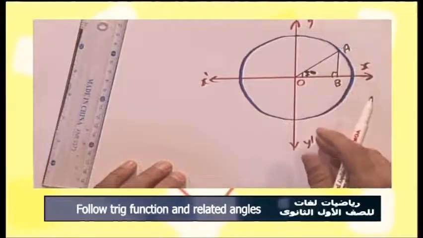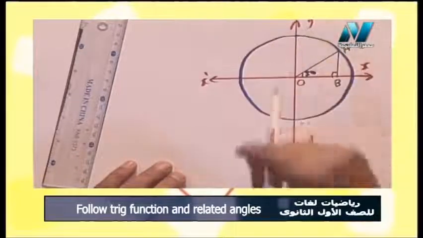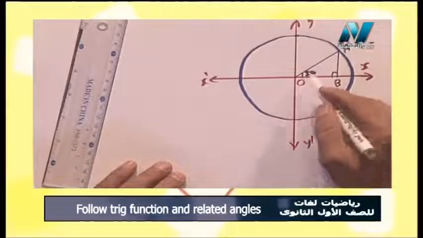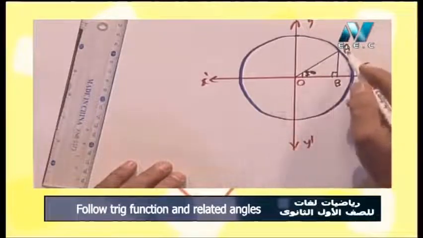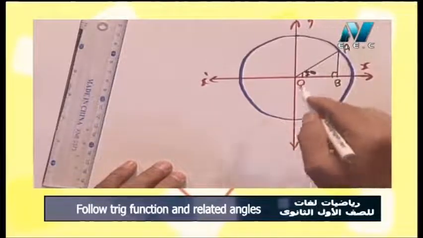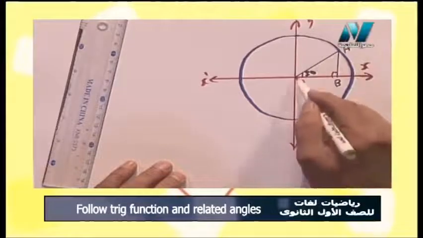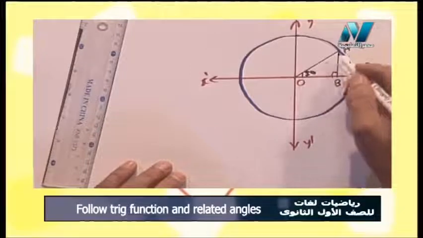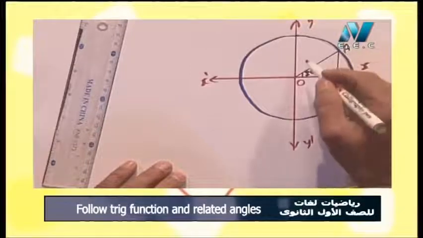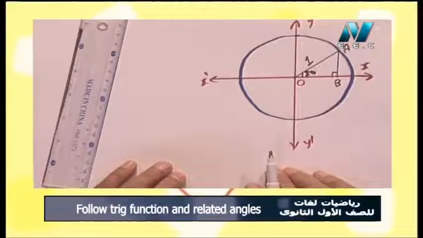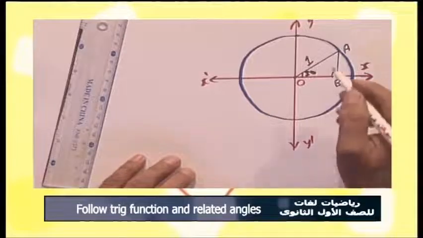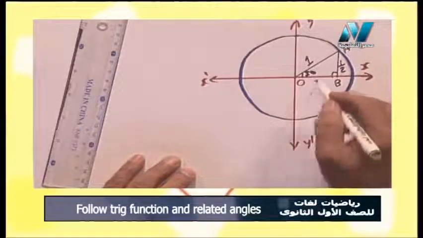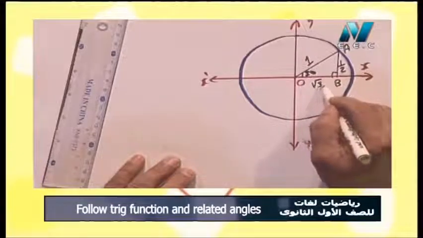If I told you that this is the unit circle, can you tell me the length of OA? OA is the radius of the circle. If it is a unit circle, then this point is the origin point, and of course any radius, its length will be one length unit. So the opposite side will be half, and this side will be root 3 over 2.